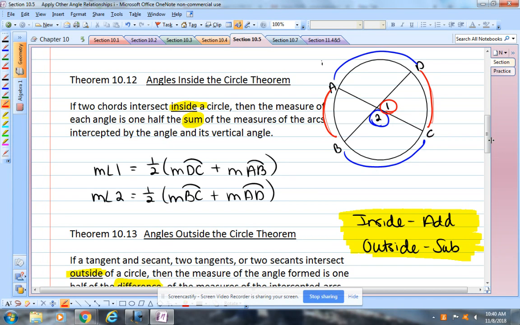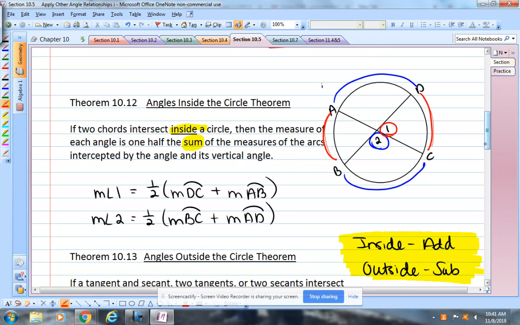And on your notes, you need to write this little formula. Measure of angle 1 equals 1/2 arc plus arc. Let me scroll back up so you can get my picture. Drawing the picture is helpful too.